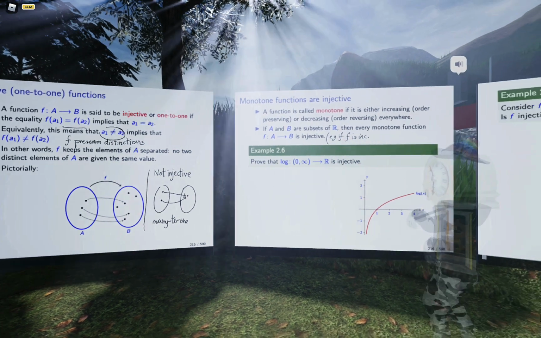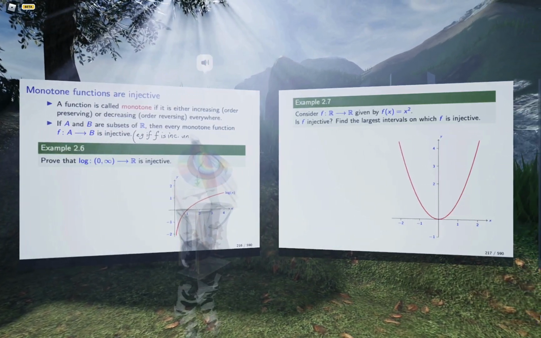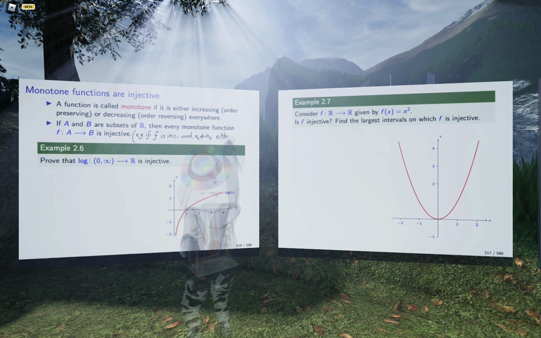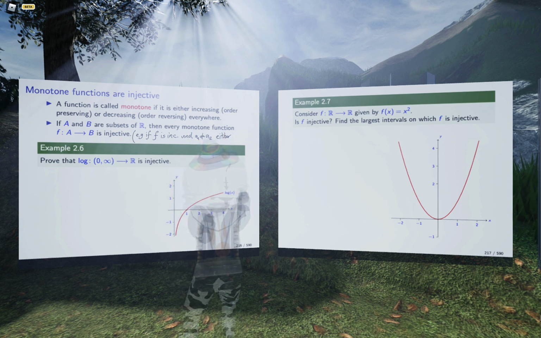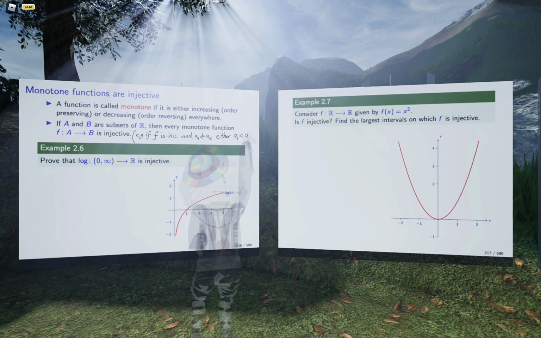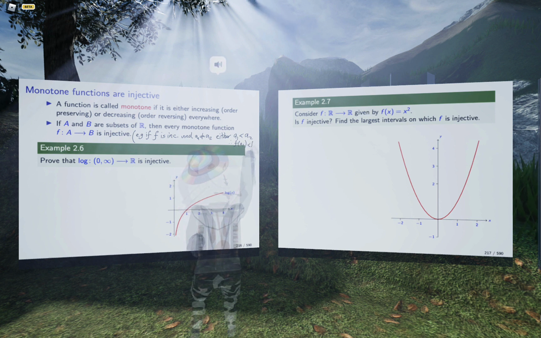okay, maybe you can think of the proof before I give it. If f is increasing and a1 is different to a2, either a1 is less than a2, and then I'll have f of a1 less than f of a2, right?